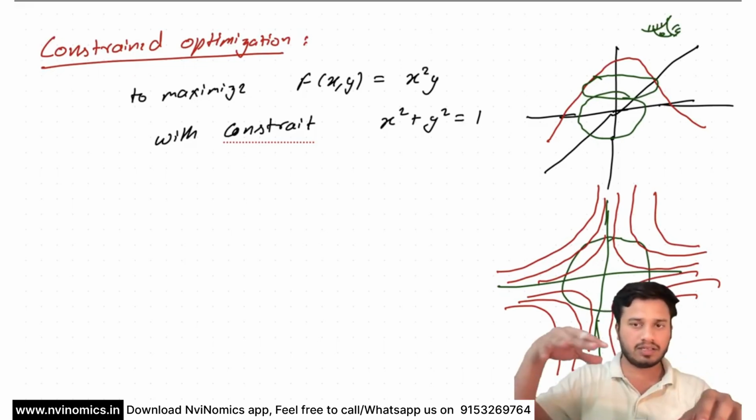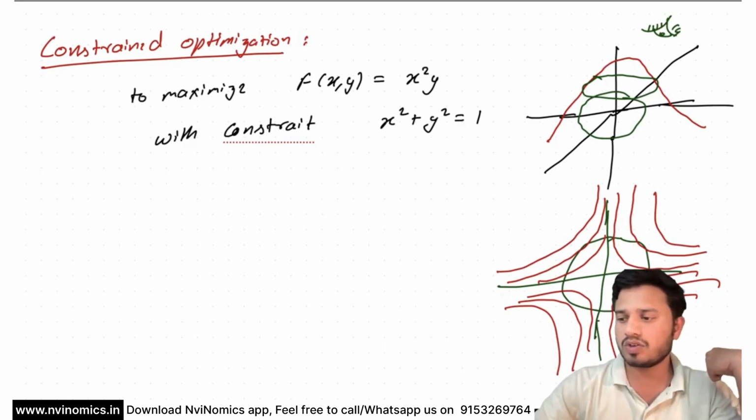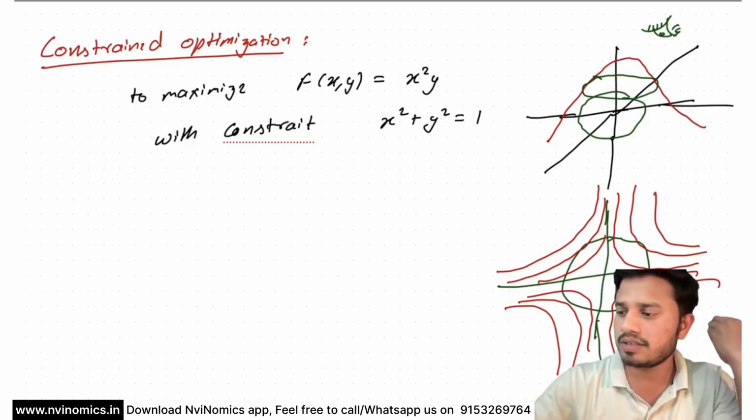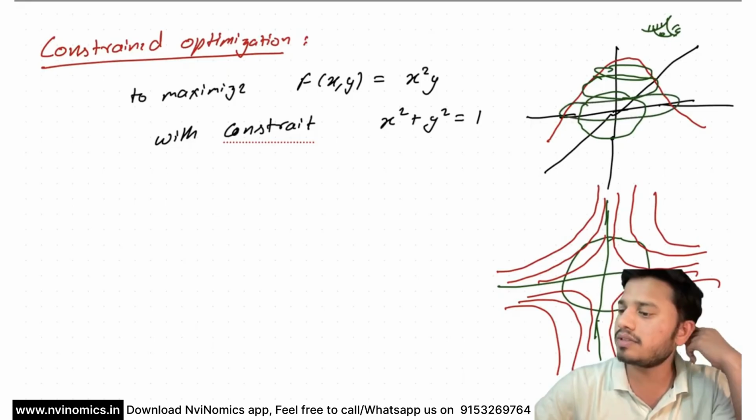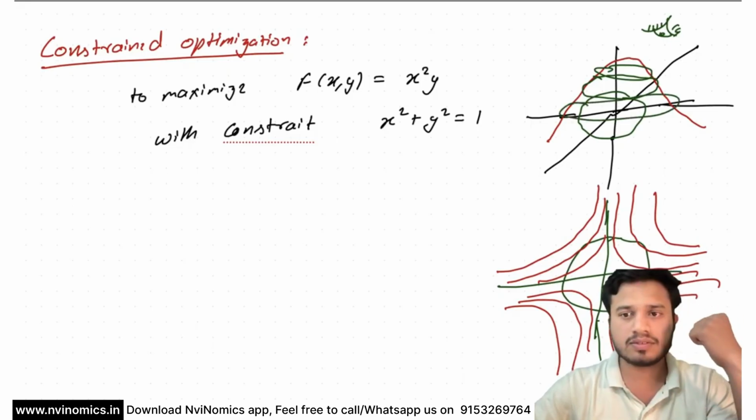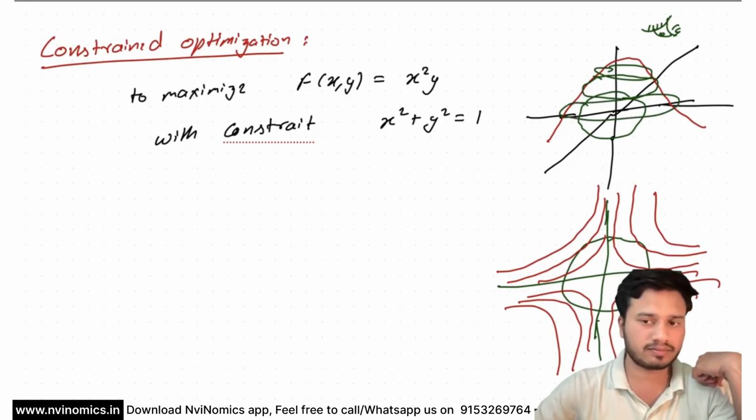So there will be many contour lines on this. Suppose that one contour is here and one contour line is here. So when you look from above, you will see this.